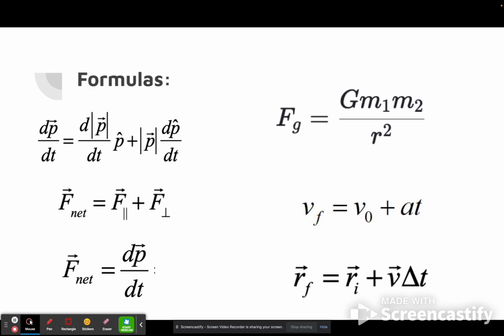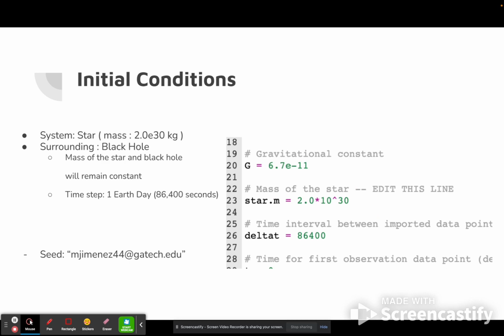To do this, I set the gravitational force equal to the net force, which I obtained from the computational model. As for my initial conditions, the system is a star whose mass is 2 times 10 to the 30th kilograms. The surroundings are the black hole. We must remark that there are no other gravitational interactions present during this interaction.